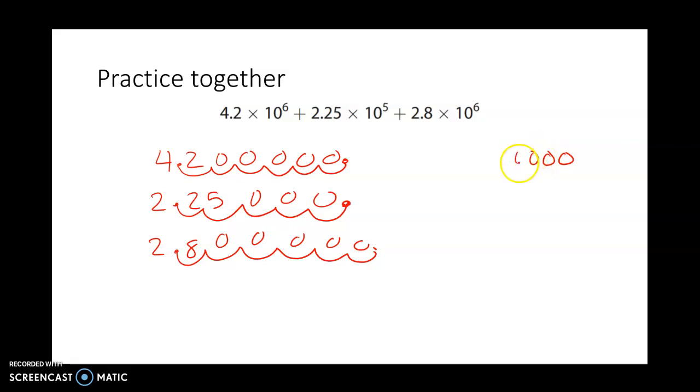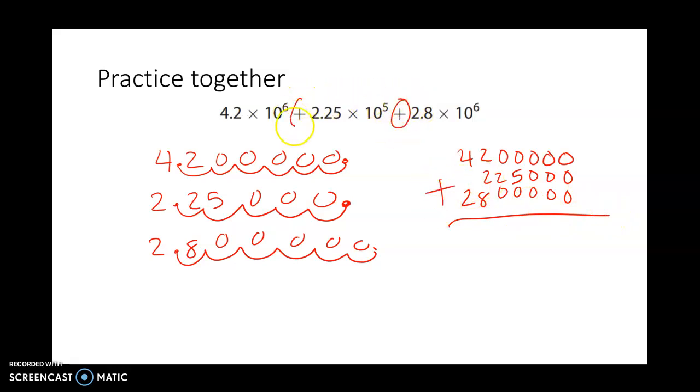Some of you might have been a little confused. Do you see this? This is scientific notation. This is scientific notation. This is scientific notation. And we're adding them all together.